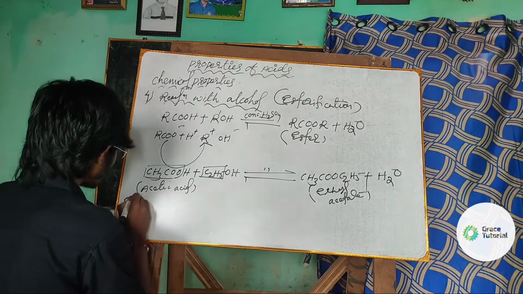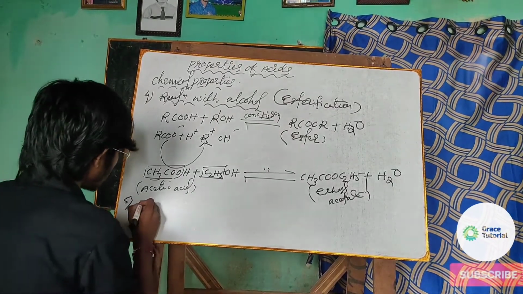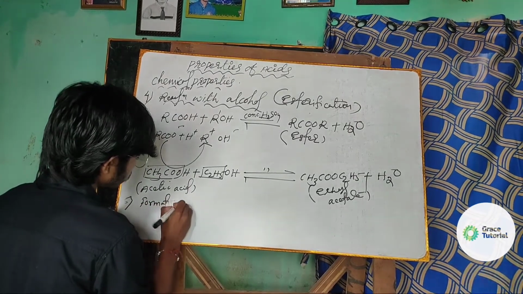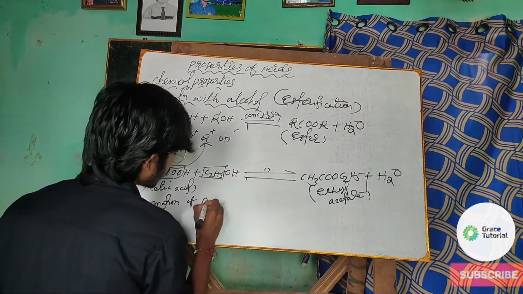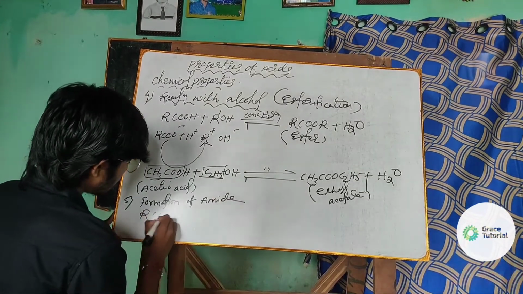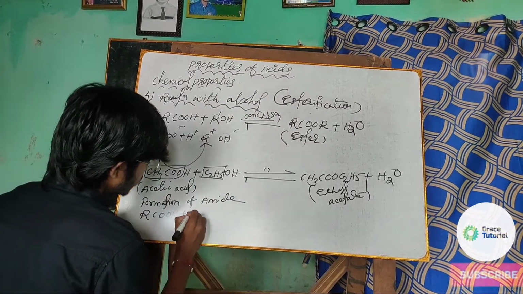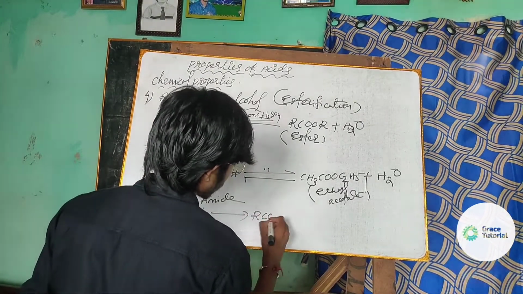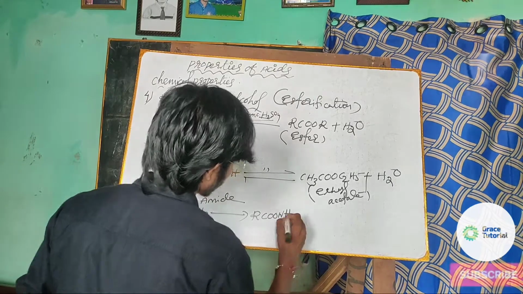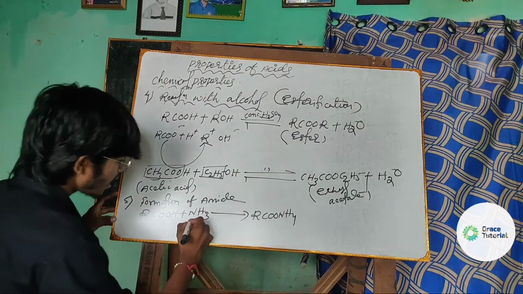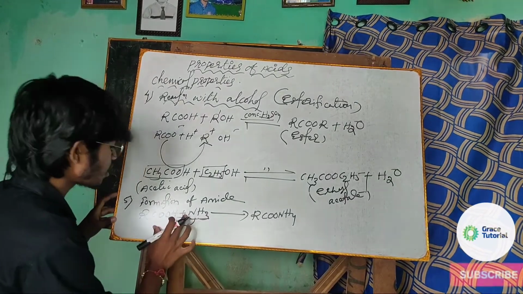Now we will move on to the fifth chemical reaction, that is formation of amide. Suppose I have acid. When this acid reacts with ammonia, it gives RCOONH4. Look here, this acid RCOOH, this is ammonia NH3, and 1 hydrogen, that is NH4.